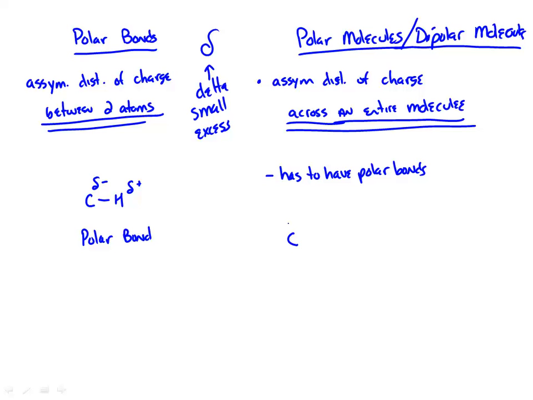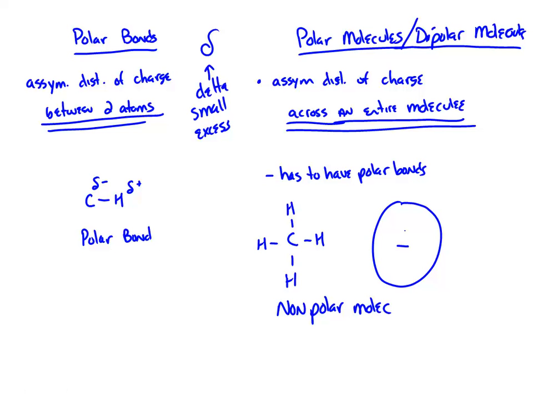But if I draw it as a molecule, meaning I have 4 bonds like this, it is a nonpolar molecule, because if I draw the charges like this, it's not asymmetric. It's very symmetrical. There's a negative in the middle, and all the positives are on the outside.